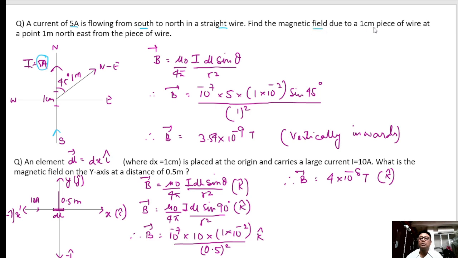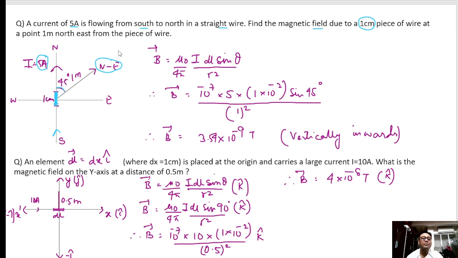Find the magnetic field due to a 1 centimeter piece of the wire at a distance of 1 meter northeast. Northeast means the wire is making 45 degrees with the direction of the displacement vector.